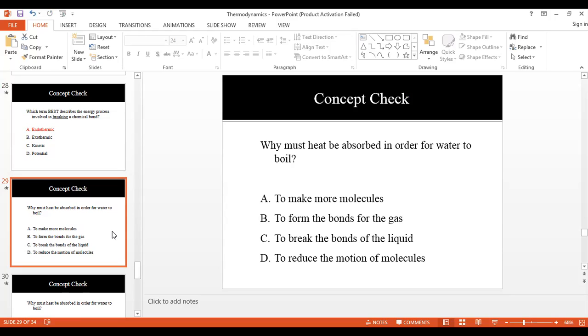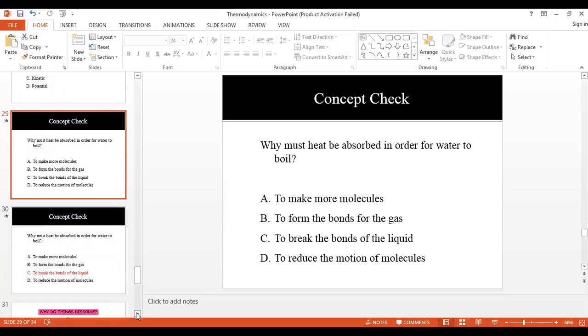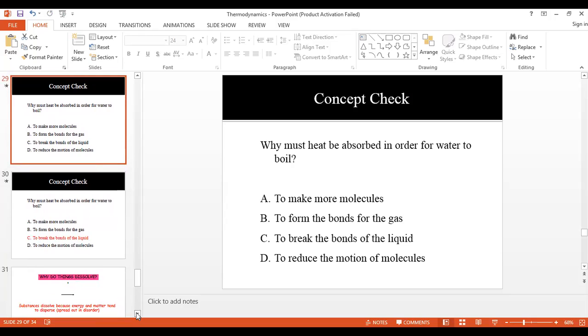Okay, so please, what is the answer? To break the bonds of the liquid. Excellent. Why? Because when heat is absorbed, it is an endothermic reaction. So what is the option? C, you can see the answer. C. Yes.